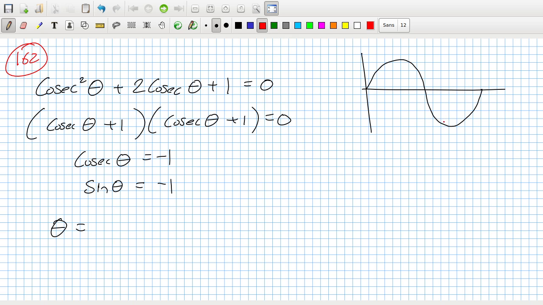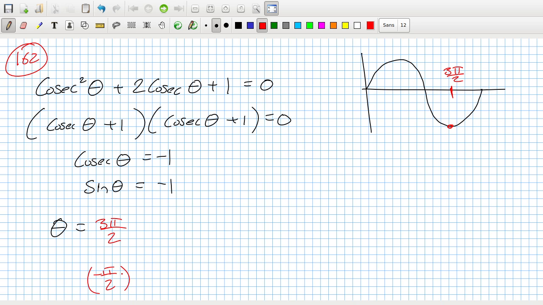So sine is only at minus 1 once at 3 pi over 2. Yeah. That's the only time it's at minus 1. Which does correspond to minus pi over 2, by the way.